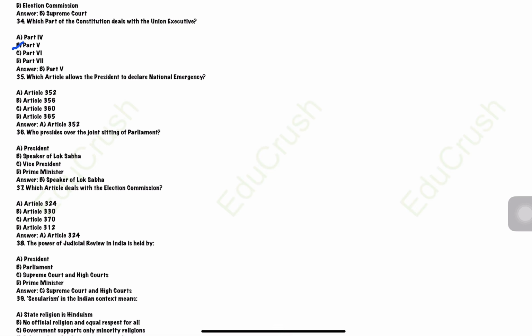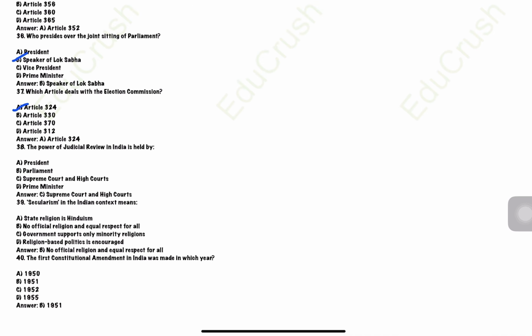Article 352. Who presides over the joint sitting of Parliament? Speaker of Lok Sabha. Which article deals with the Election Commission? Article 324. The power of judicial review in India is held by the Supreme Court and High Courts.